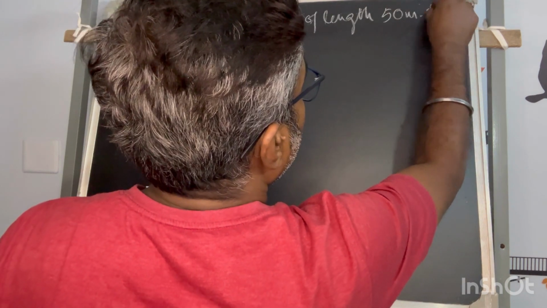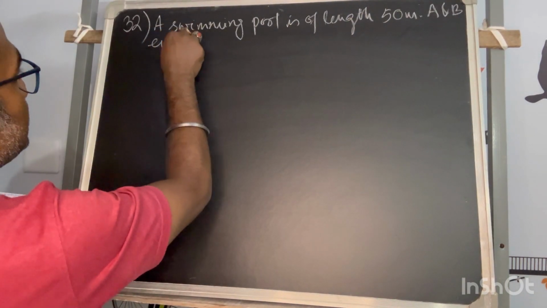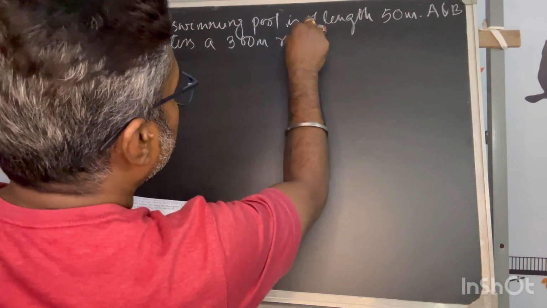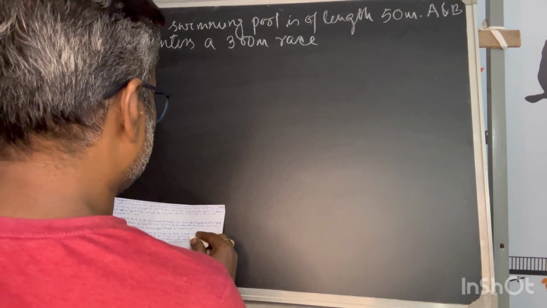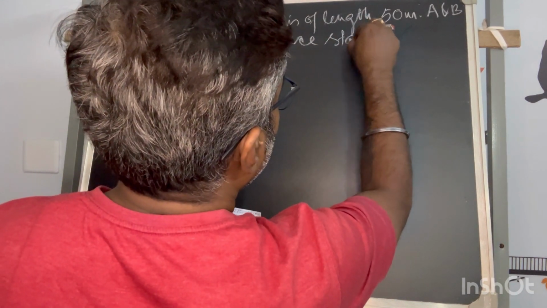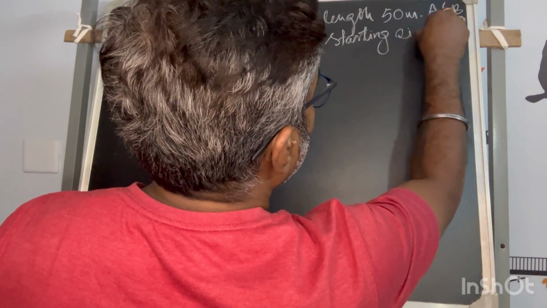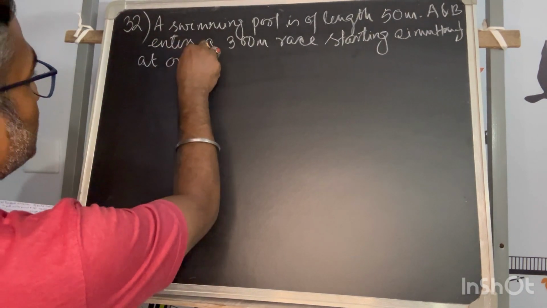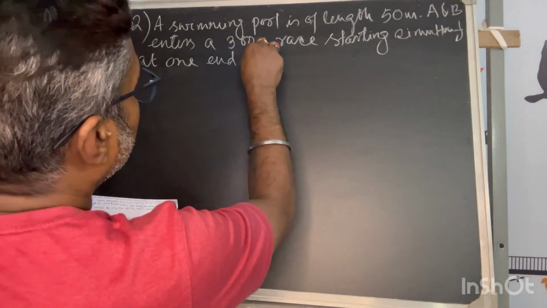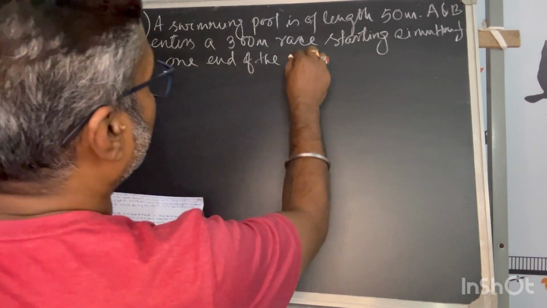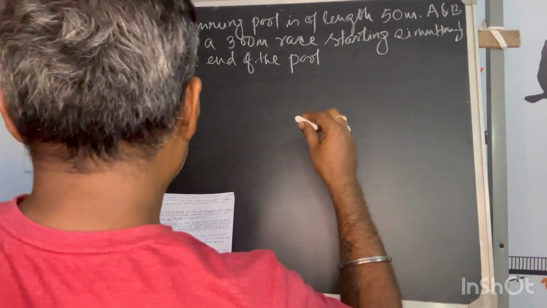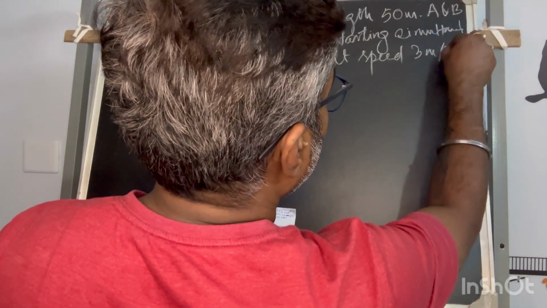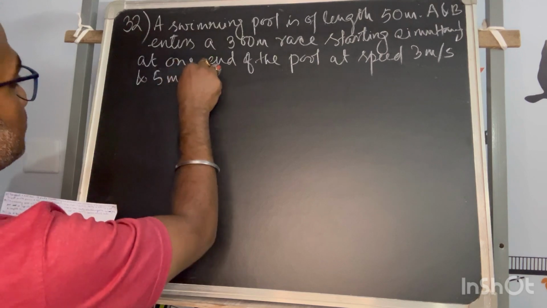A and B enter a 300-meter race, starting simultaneously at one end of the pool at speeds 3 meter per second and 5 meter per second.